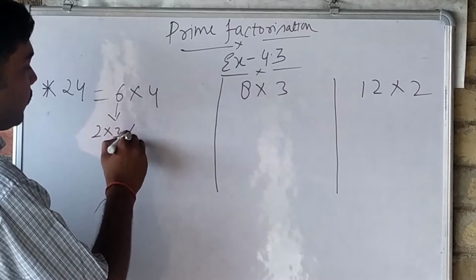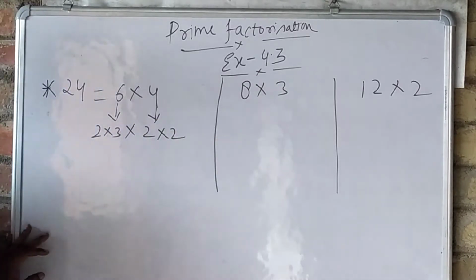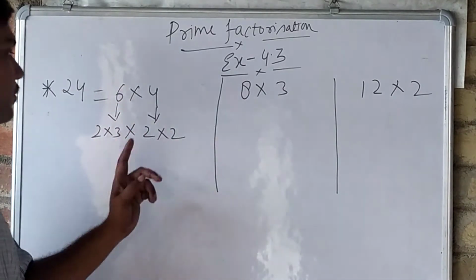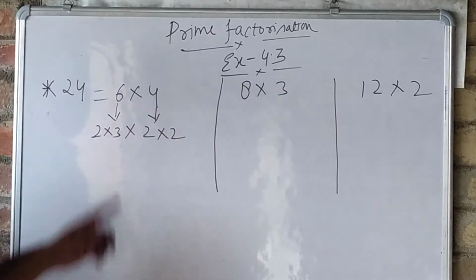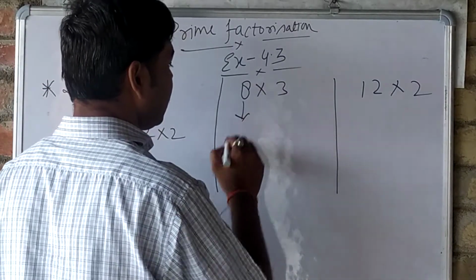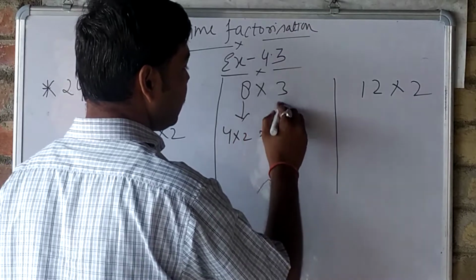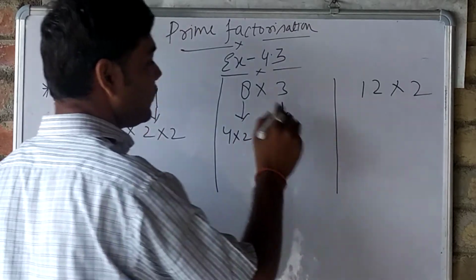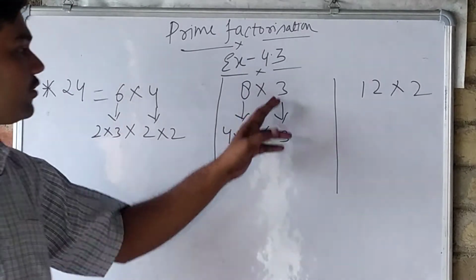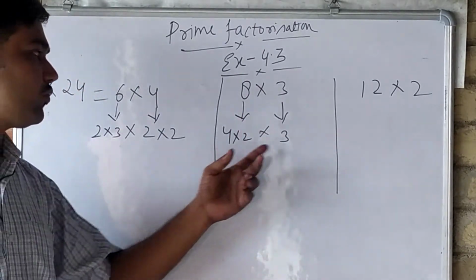And 4 into 2 into 2. Now 8 is 4 twos, and 3 will remain the same 3, because 3 is already a prime factor, so it will remain same.